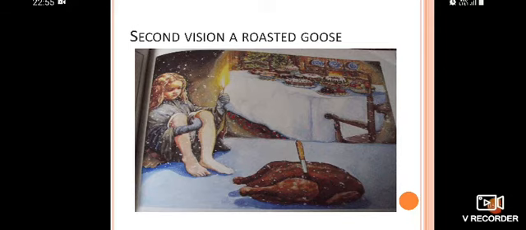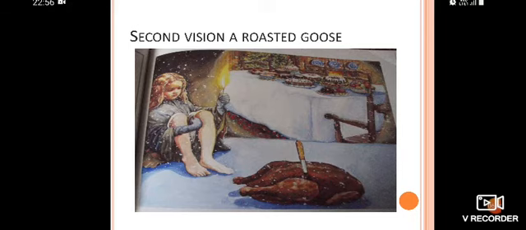In the center of the table was a roasted goose stuffed with prunes and apples, steaming deliciously. And the most interesting part of this vision is that the goose waddled across to the girl with a fork and knife stuck in it, as if the goose was offering, come eat me.